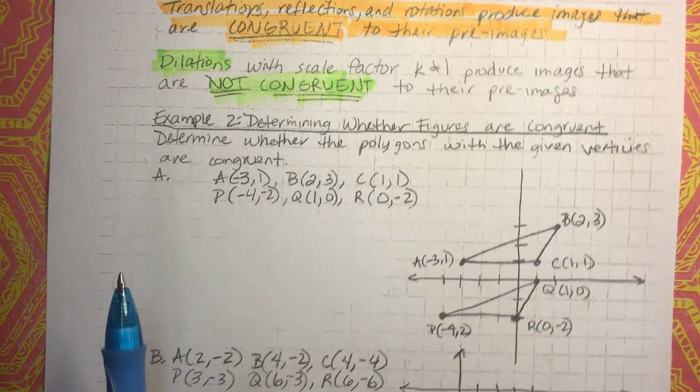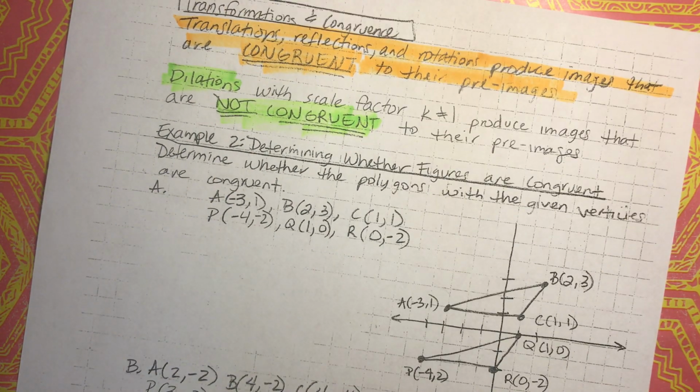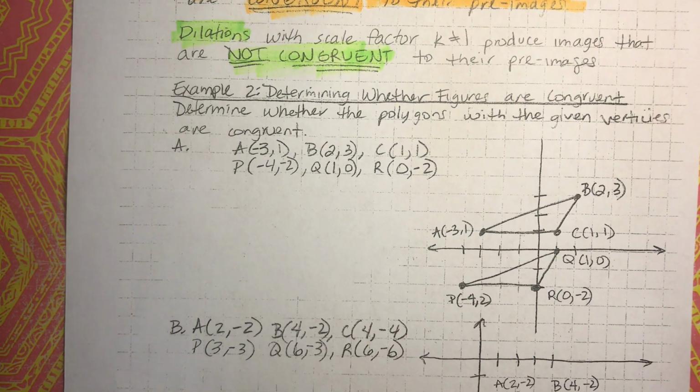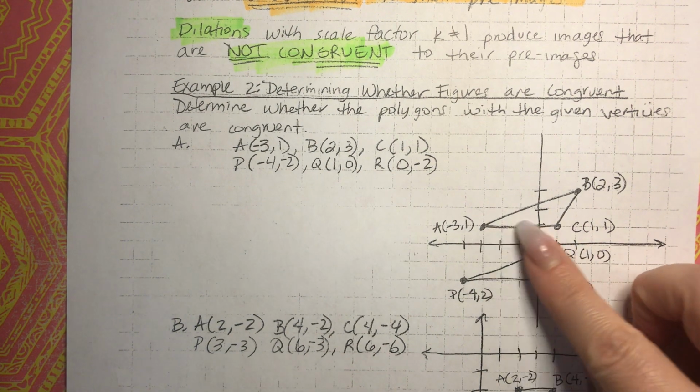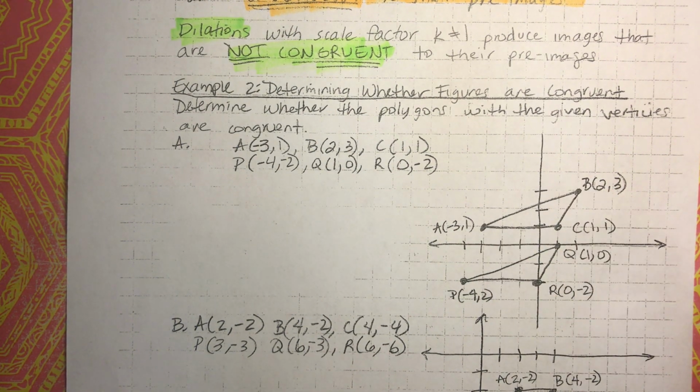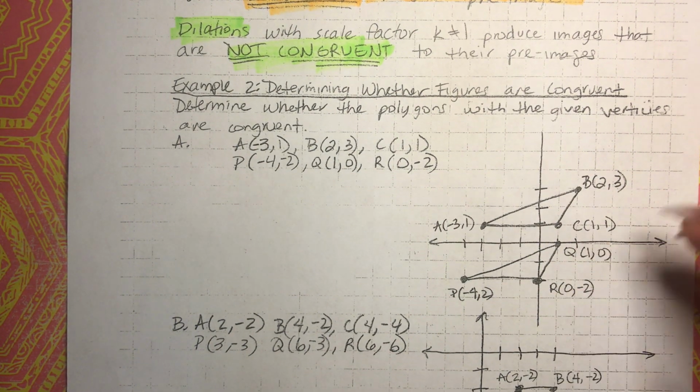Do you think that these two figures are congruent to each other? Think about it. Okay, so what we'd have to see is, what does this look like? Does it look like a translation, a reflection, a rotation, a dilation?